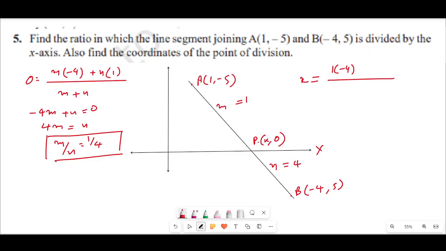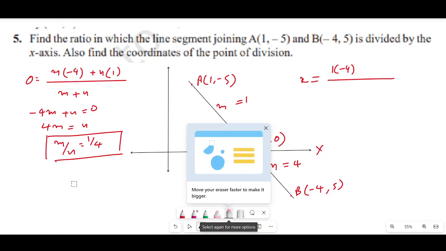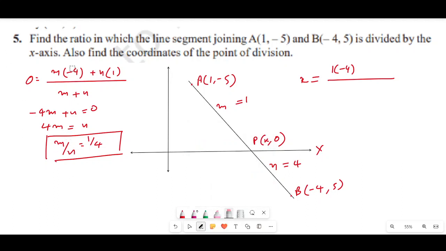Now for y we will use the coordinate of y. Clear?